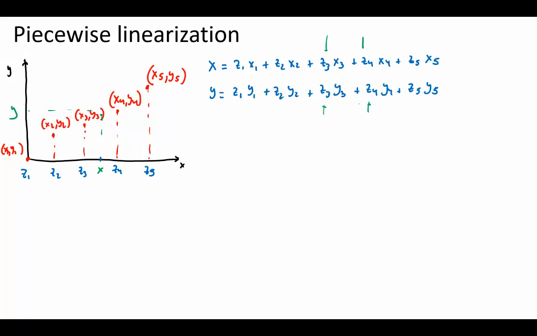Okay, so one way to implement this is that you say that x set I is a SOS2 set, special order set number 2. Okay, set, which means that the sum of these sets, all sets, have to be equal to 1.